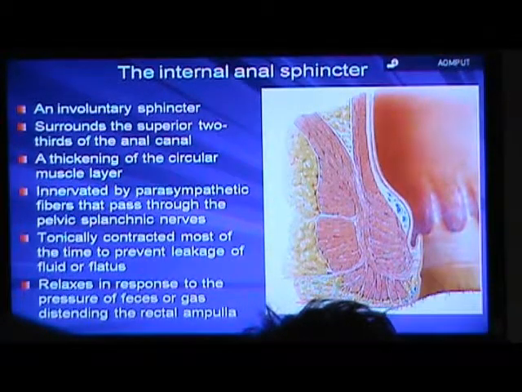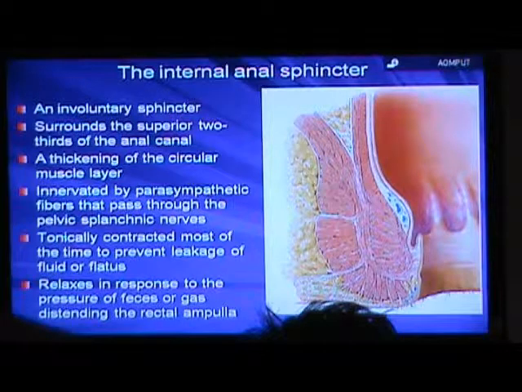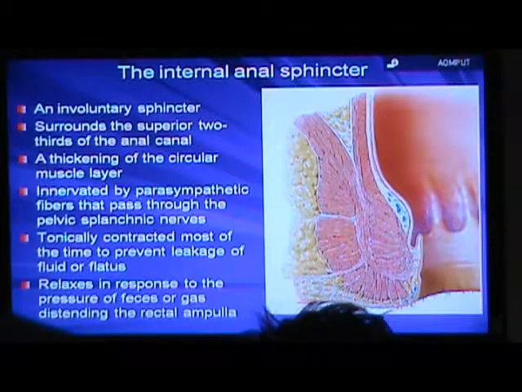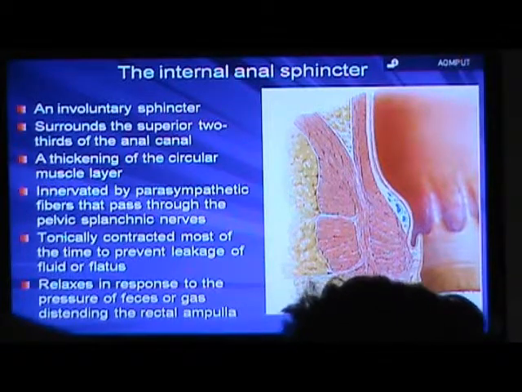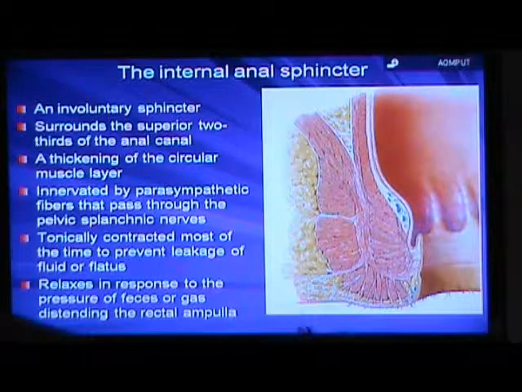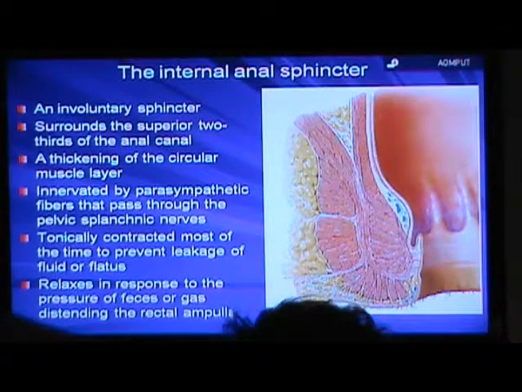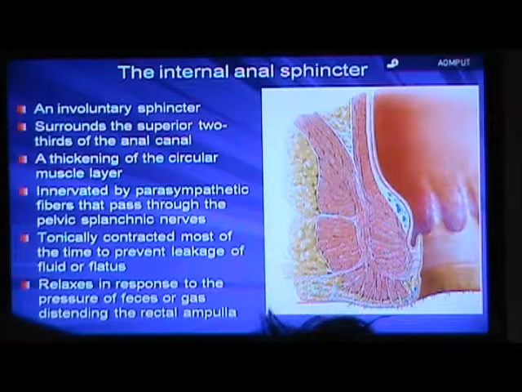Look, this is the external anal sphincter, this is the internal anal sphincter. So it's an involuntary sphincter. It surrounds the superior 2/3 of the anal canal. It is a thickening of the circular muscular layer, innervated by the parasympathetic fibers that pass through the pelvic splanchnic nerves.